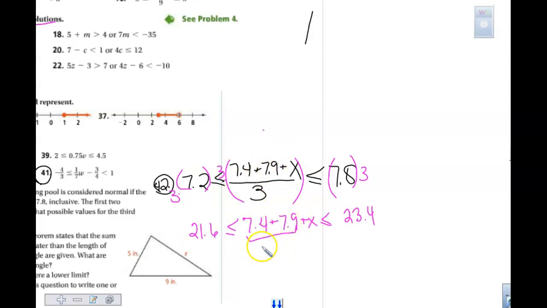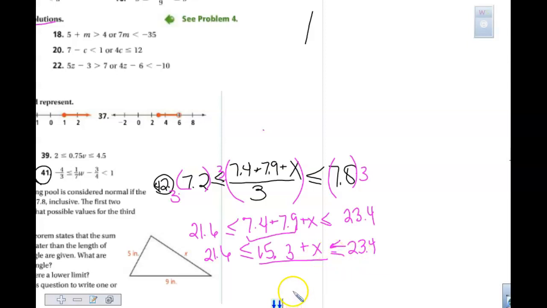Add those together. So we actually have 15.3, right? Plus x, less or equal to 23.4, greater or equal. And by the way, when you read this, remember, we're reading that this whole thing is greater or equal to 21.6, and this whole thing is less or equal to 23.4.